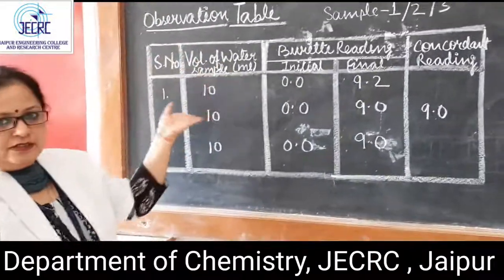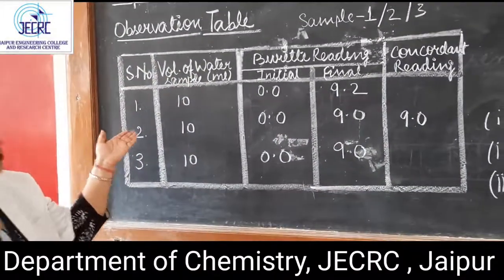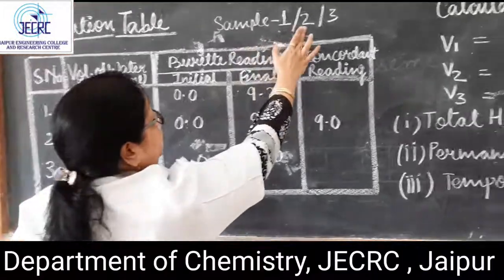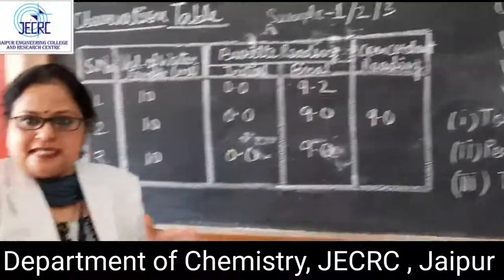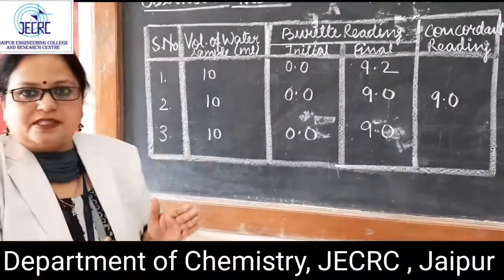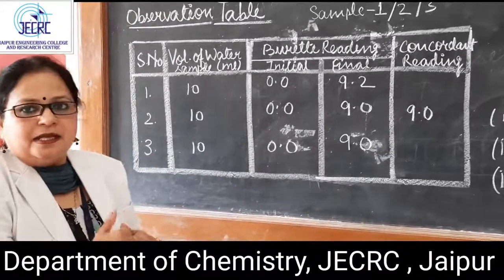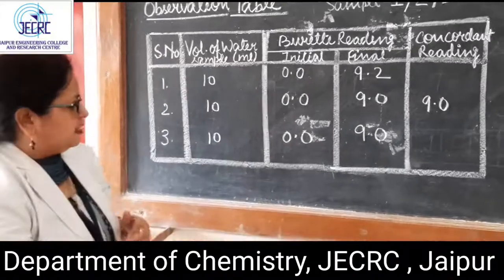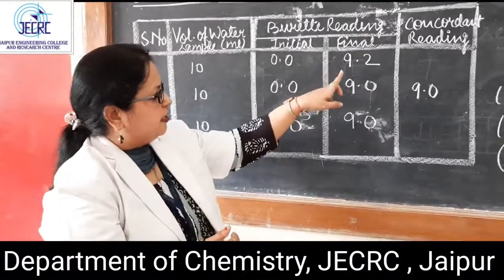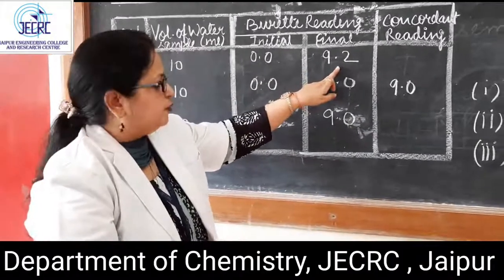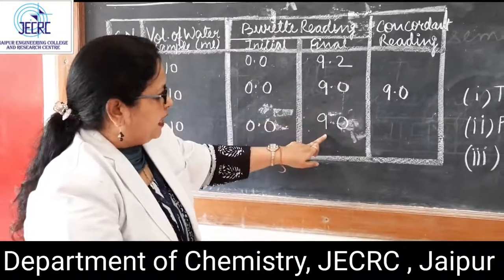We have already drawn an observation table. This is for samples 1, 2, 3. Sample 1 was standard hard water, 2 was the tap water for which we want to determine the hardness, and number 3 was the boiled water sample. The first reading was 9.2, then 9.0, 9.0.